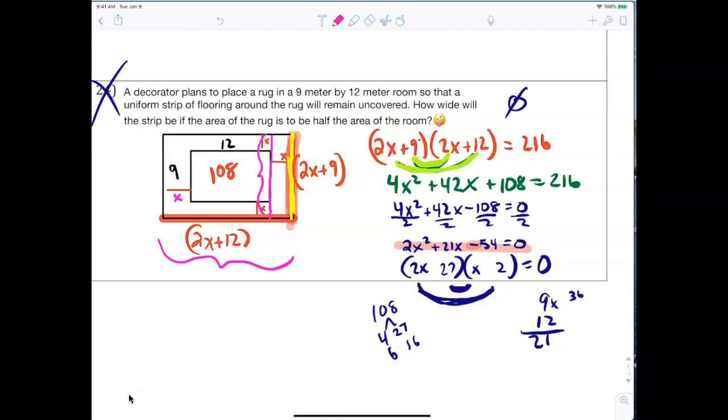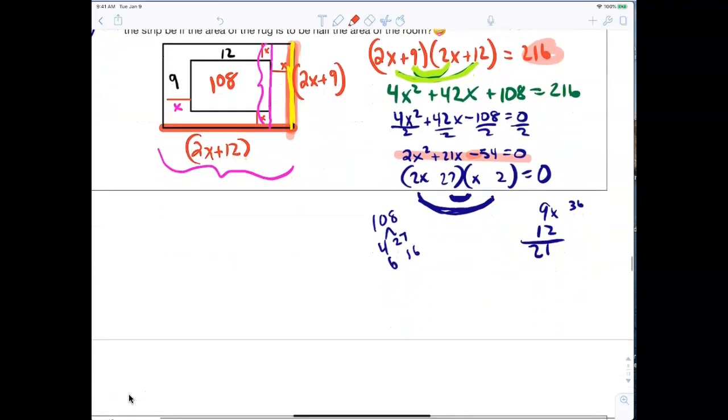Well, if the rug is 108, then the room will be 216. So when I got it down to this part right here, this doesn't really factor. So we had trouble. Again, I don't care about the answer there. Listen to me. I care about whether you understood this was 2x plus 12 and that was 2x plus 9.